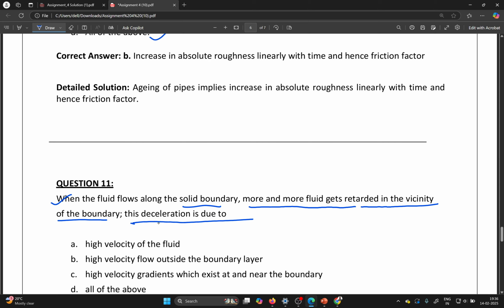This deceleration, that is the opposite of acceleration, is due to option A, high velocity of fluid; option B, high velocity flow outside the boundary layer; option C, high velocity gradient which exists at and near the boundary; option D, all of the above. Which option will be correct for question number 11? So please think on that question and try to give your answer in the chat box.